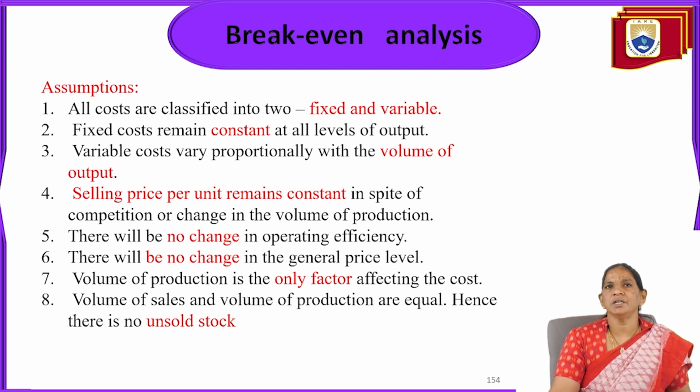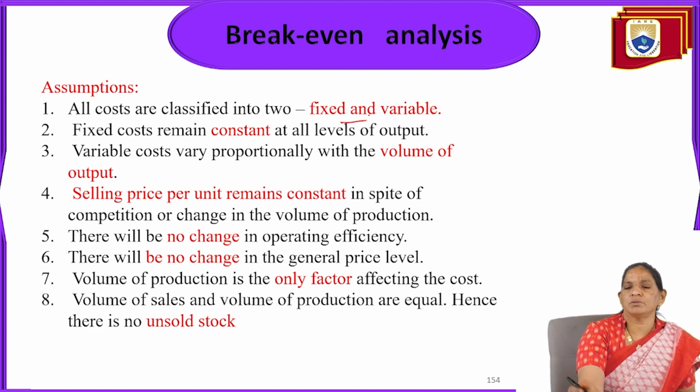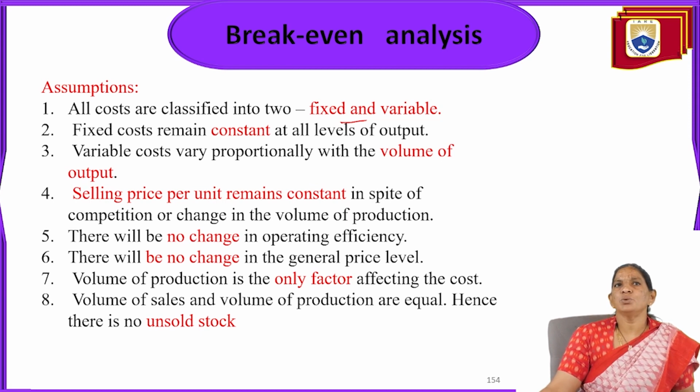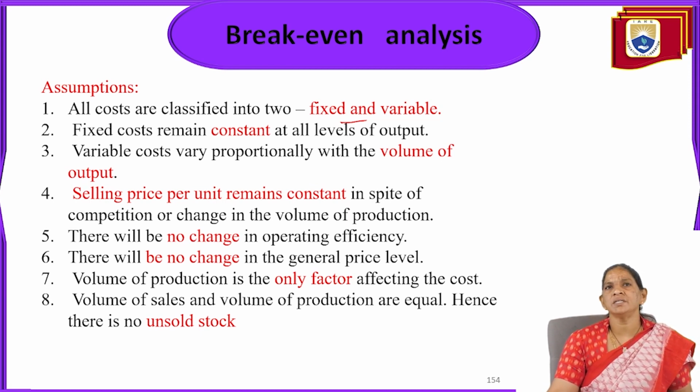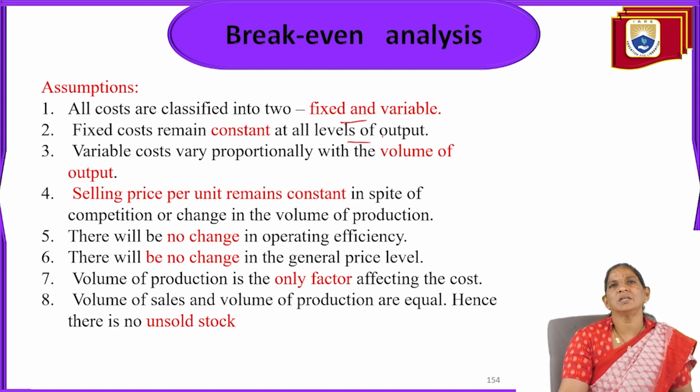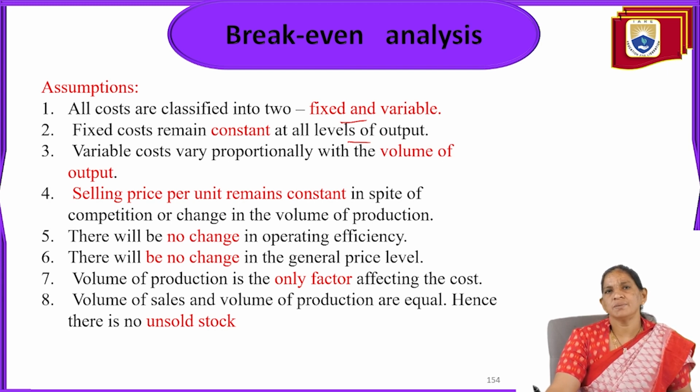But here in the break even analysis, we have to come across only the important components, the main things, fixed and variable cost. Fixed cost means it remains fixed up to a certain level of production. As we know, rent, rates, or fixed expenses will not change up to a certain period or certain level of the plant.